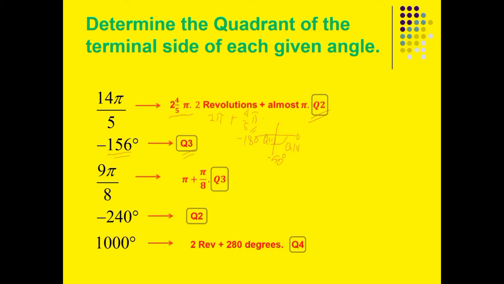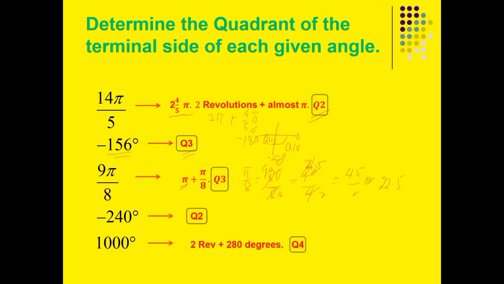This pi is quadrant 2 added by pi over 8, which has an equivalent value of 180 over 8, divisible by 2, which is 90 over 4, still divisible by 2, so this is 45 over 2, or 22.5.